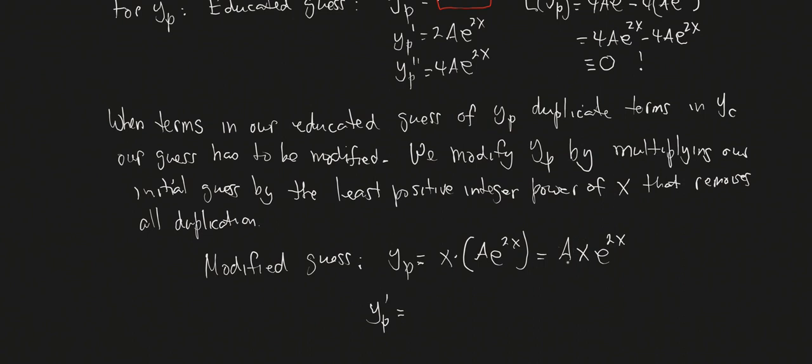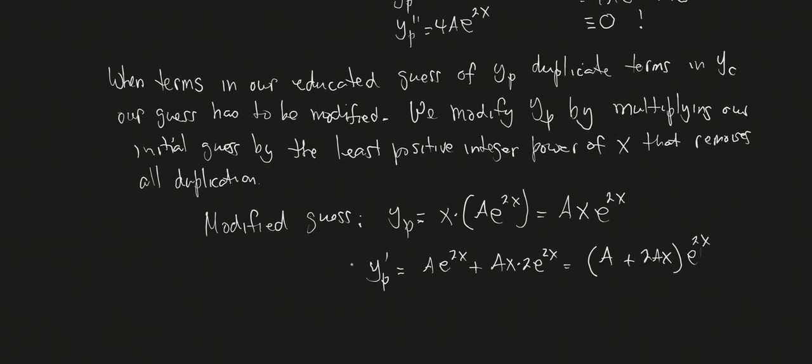So treating the first function as ax and the second function as e to the 2x, I get this for my product rule: a e to the 2x plus ax times 2e to the 2x. And again, I like the process of factoring out the exponential, keeping that e to the 2x as a separate factor. So the linear term now is a plus 2ax, and then that quantity is times e to the 2x.